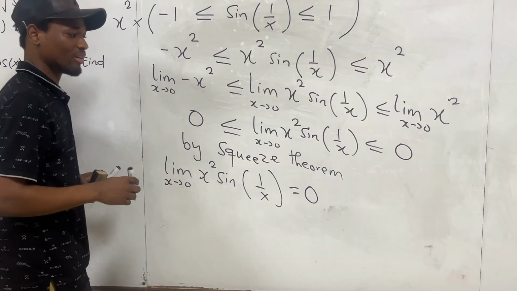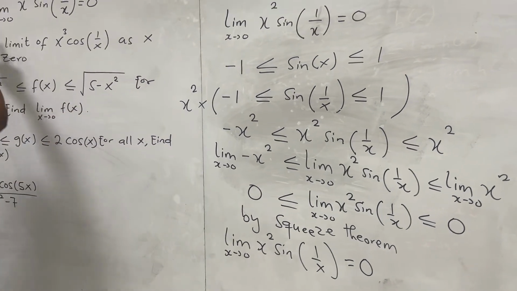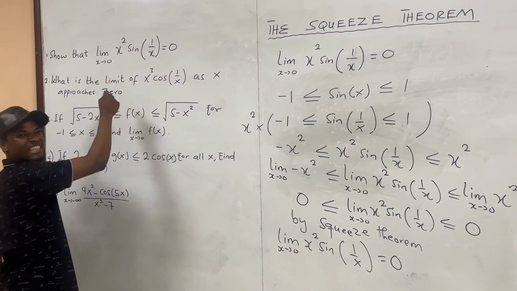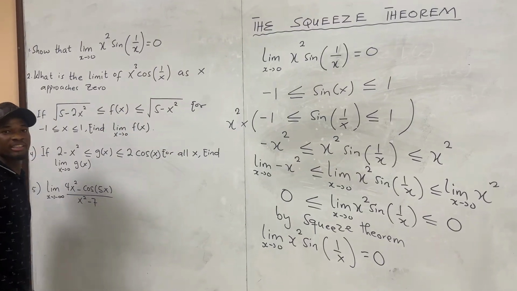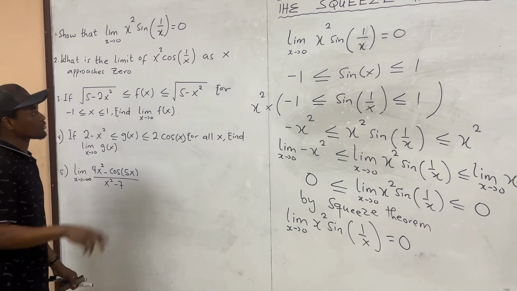As simple as that. Therefore, the limit of the whole expression as x approaches 0 indeed equals 0. They said we should prove, and that is simply the proof.